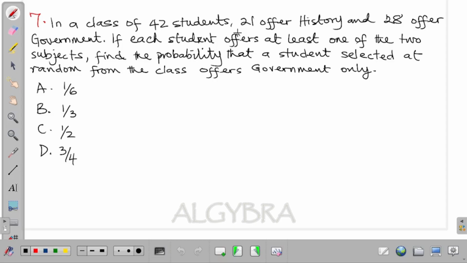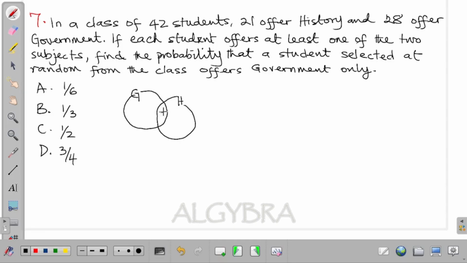Okay, so let's first try to sketch what this is going to look like in a Venn diagram. You're going to have a set of persons offering government, and some persons will offer government and history, so this set is going to intersect with the set of persons offering history.